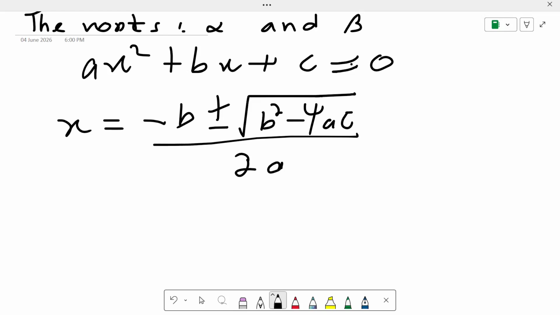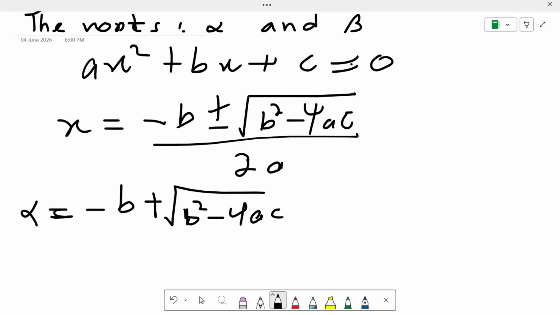So with this, we can say that the root alpha will be equal to... then the beta can also be written similarly, and then we take note of the sign.